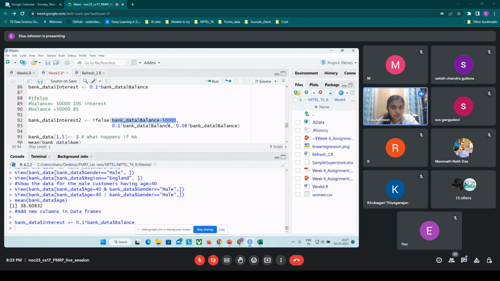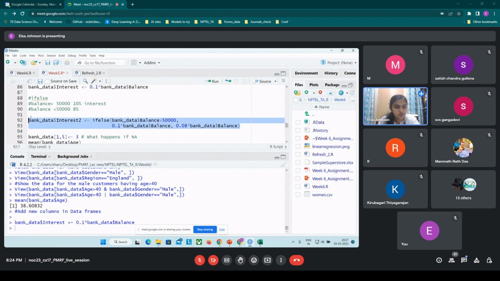If so, then the interest column should be 0.1 into the balance. If not, it will be 0.08 into this balance.